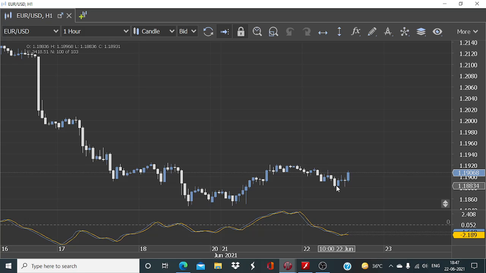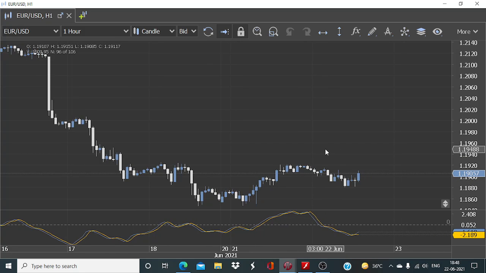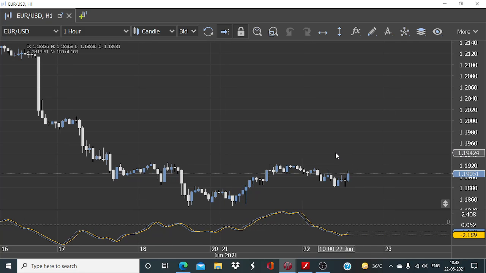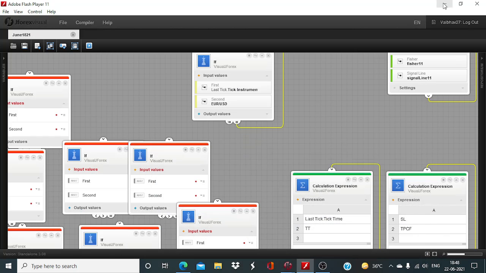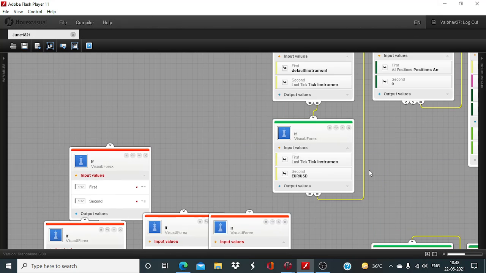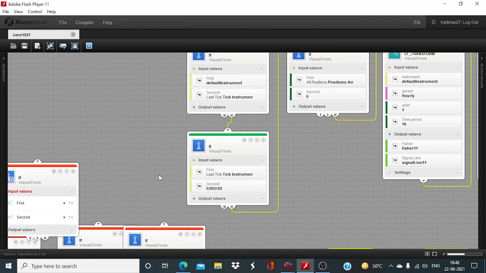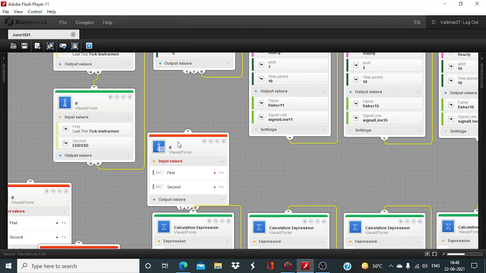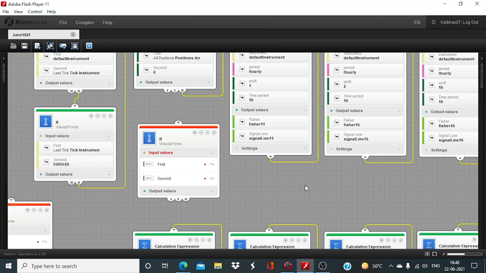As I said earlier also, we want this to be at least more than 20 pips. We have to take that into consideration, and also the last hour's closing should be below its opening price. Only in that kind of scenario will we be initiating the sell trade. So quite simple. Now we head back to the Visual JForex board.